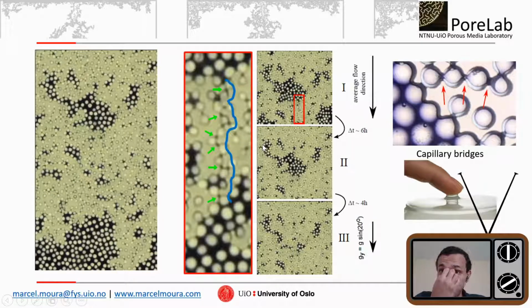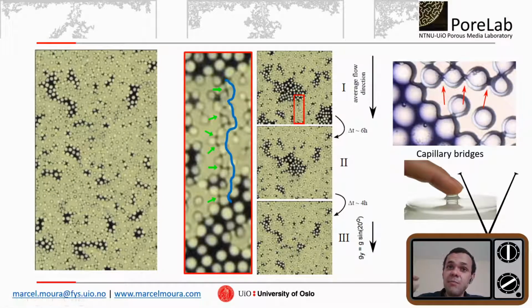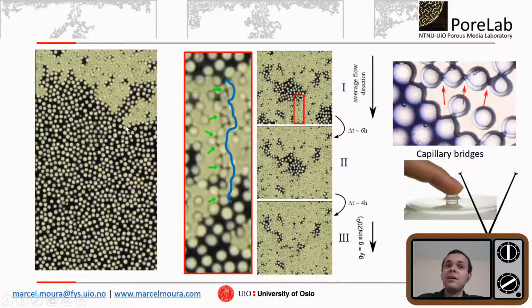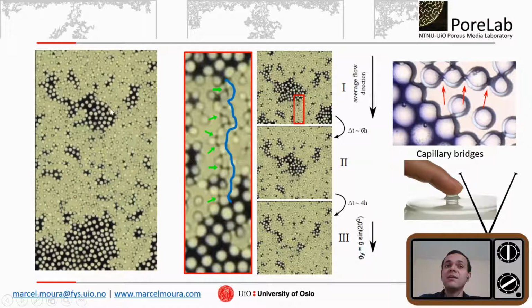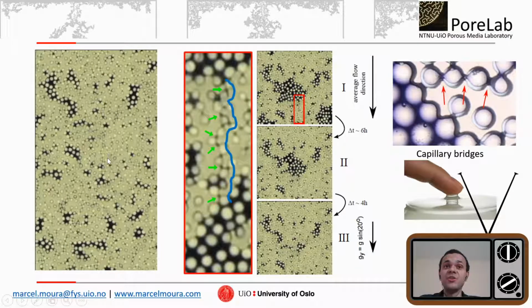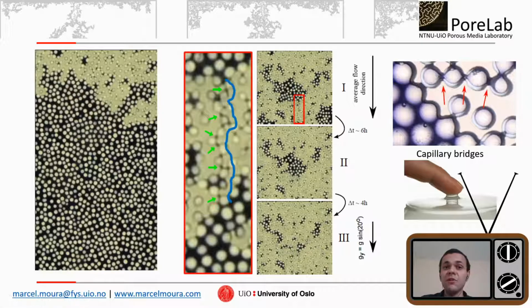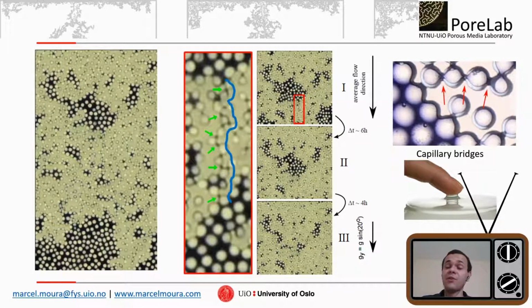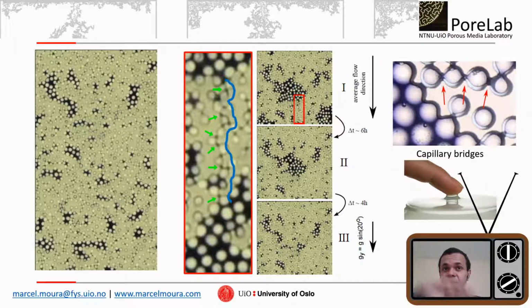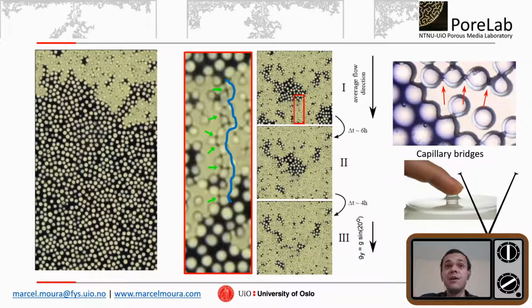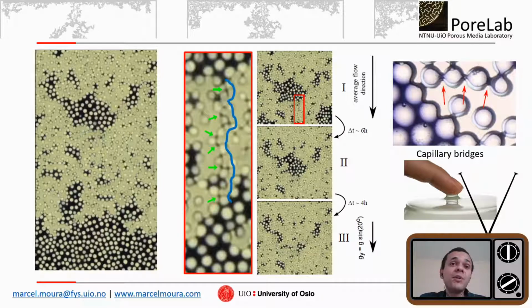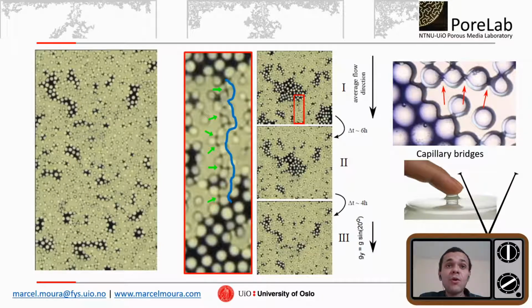And we believe that these bridges are acting as paths for the drainage of that cluster. So this is one of the mechanisms that can explain why this cluster is being drained. Of course, it doesn't necessarily need to be the only one. You can also have other things that we don't see. For instance, there could be a very thin film of liquid in some places on the plate itself. That would be another mechanism. But the point here is there is more.